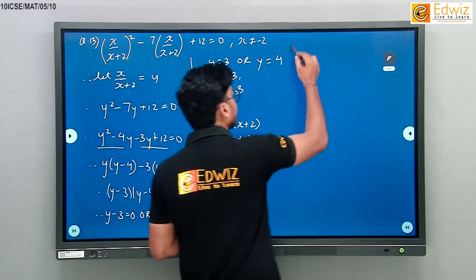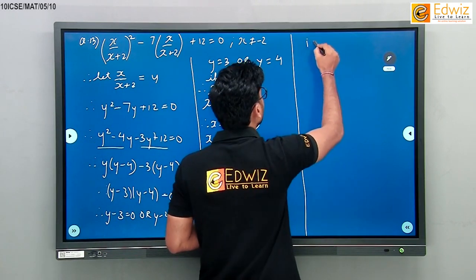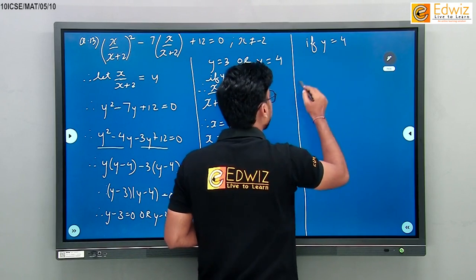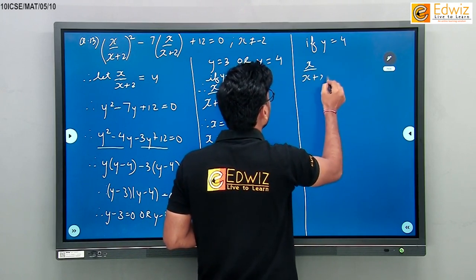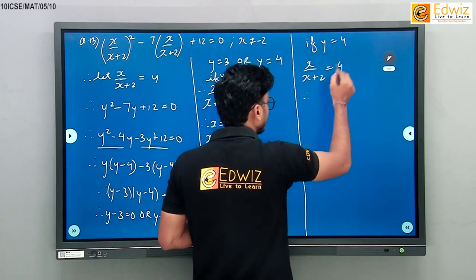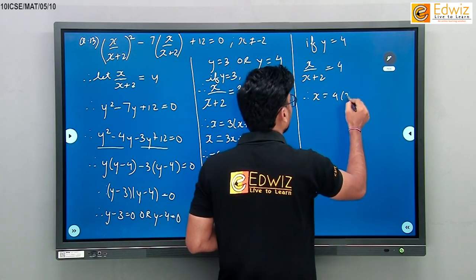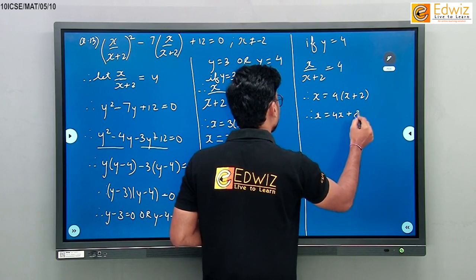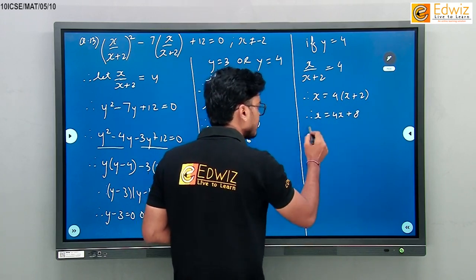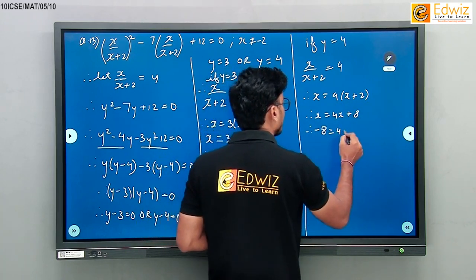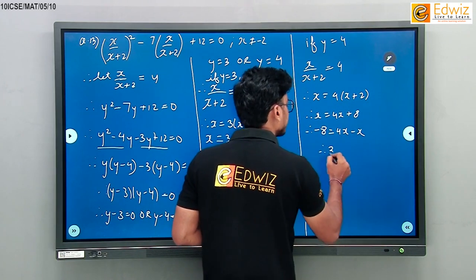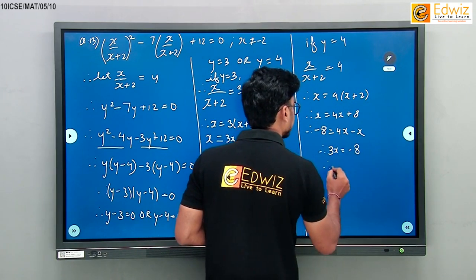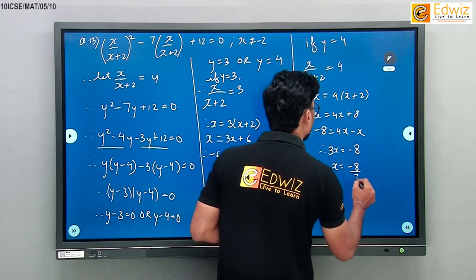Second value ke liye kya karenge? If y equal to 4, in that case x upon x plus 2 will be equal to 4. Again cross multiply, x will be 4 into x plus 2. So x will be 4x plus 8. Send x there and 8 on the left side. So minus 8 equal to 4x minus x. 3x equal to minus 8. X ka second value kya aaya? Minus 8 upon 3.